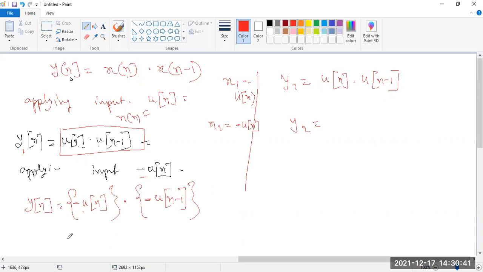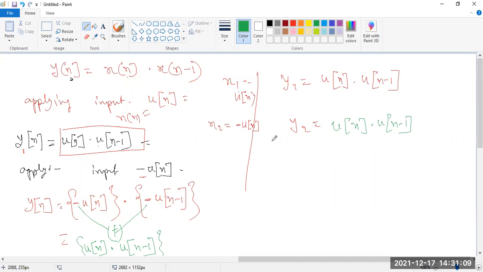What will be the product? The minus becomes plus, so ultimately it is u of n minus 1.